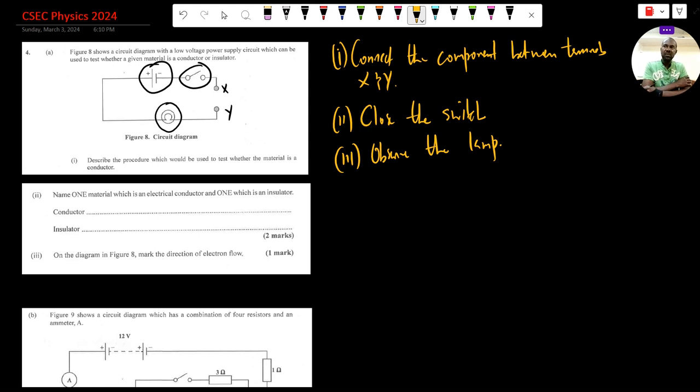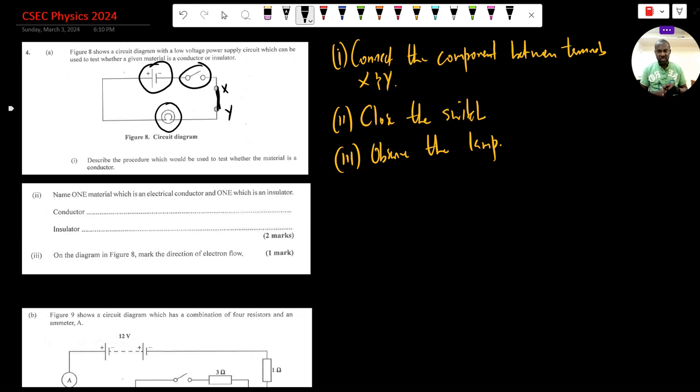Now, what should we expect if this material is a conductor? If the material is a conductor, then we now have a closed circuit, and that means that electrons and electric current are able to flow around the circuit and the lamp will light. We would assume that the power supply is strong enough to turn on the lamp, so if we connect a conductor between X and Y, you would expect that the lamp will be turned on, and that in itself would be an indicator that the material is a conductor.